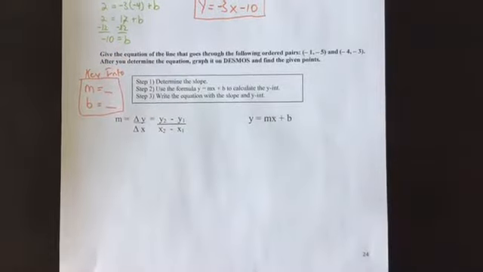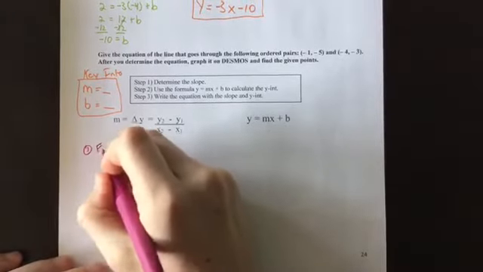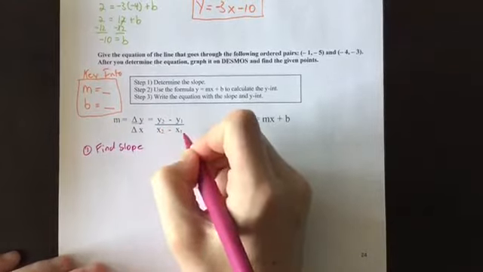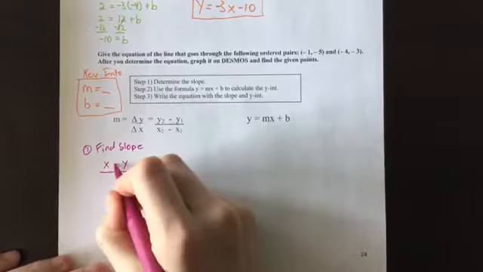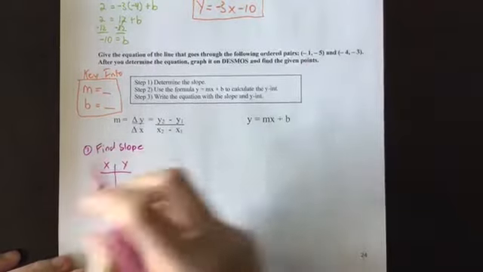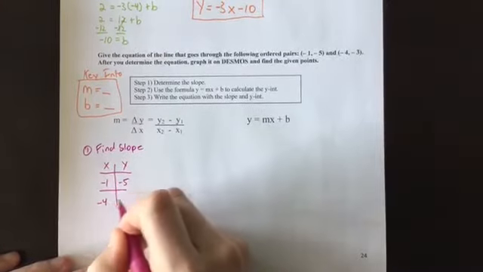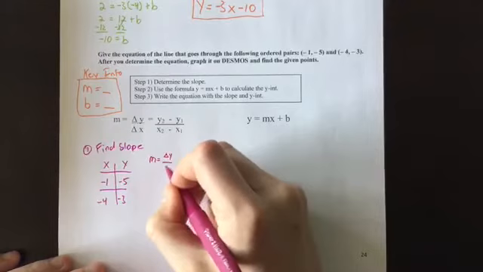So again, like our work said, our first step is going to be find slope. So here's where I'm going to do my work to find the slope. We can either use our formula or we could use the table method. I'm going to model the table method, right? So I just take my ordered pairs, -1, -5, -4, -3. We know our slope is the change in y over change in x.